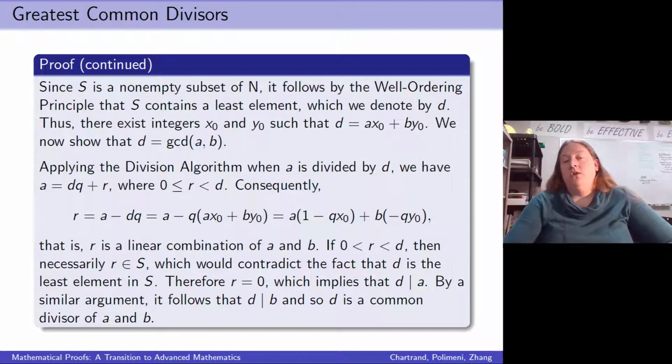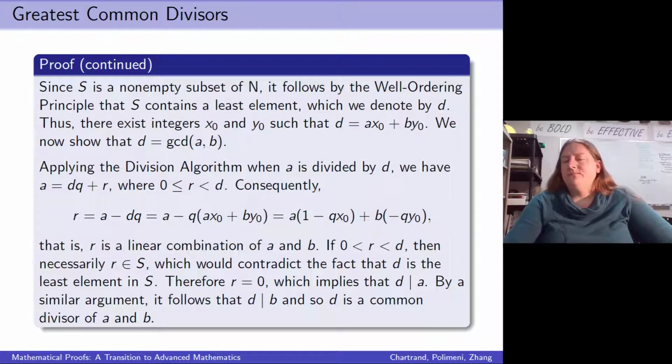But Q is the quotient, D is equal to A times x sub 0 plus b times y sub 0. So we could substitute that in for D, and in fact we do here. So then I have A minus Q times the quantity A times x sub 0 plus b times y sub 0.